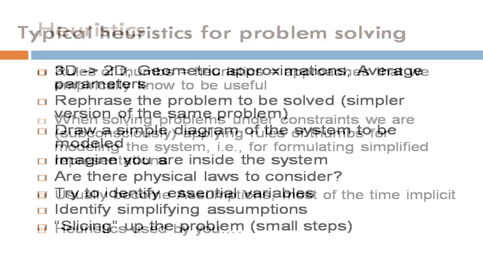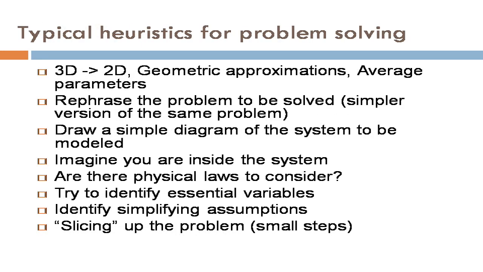Okay, so here are some typical heuristics for problem solving that we commonly employ when we go through the modeling process. Instead of 3D, we represent through 2 dimensions. We use geometric approximations, we average parameters. Just a simple heuristic, we rephrase the problem to be solved to make it simpler.